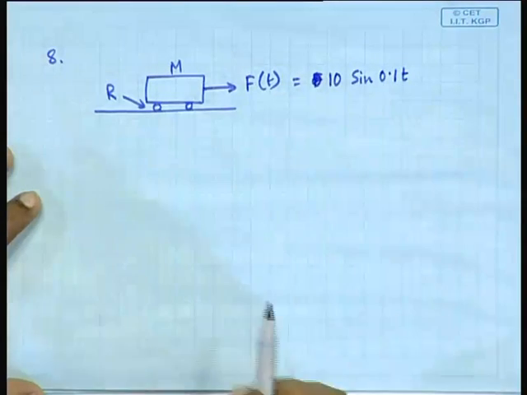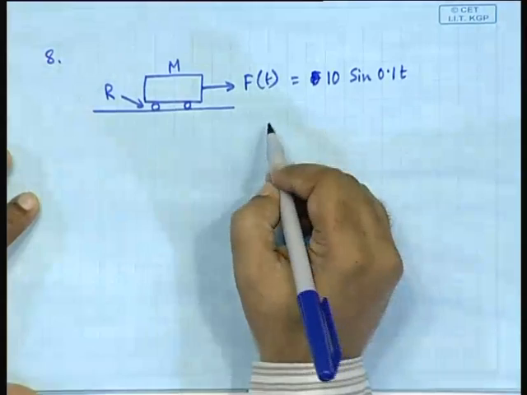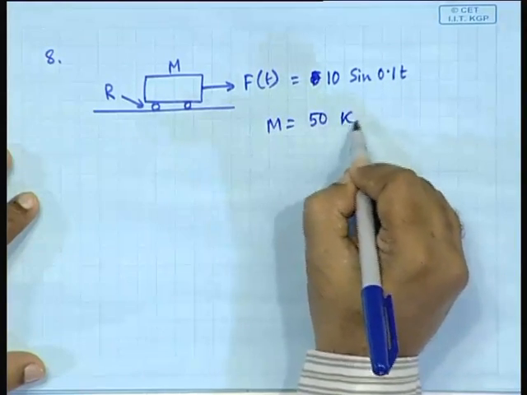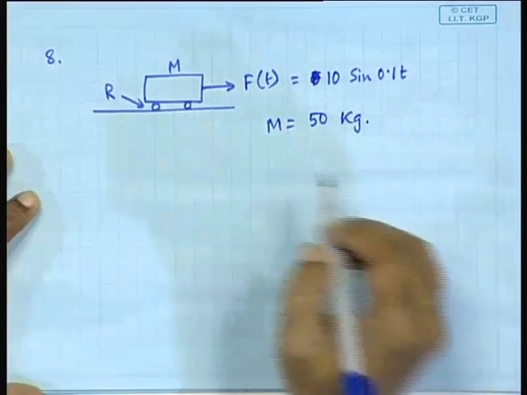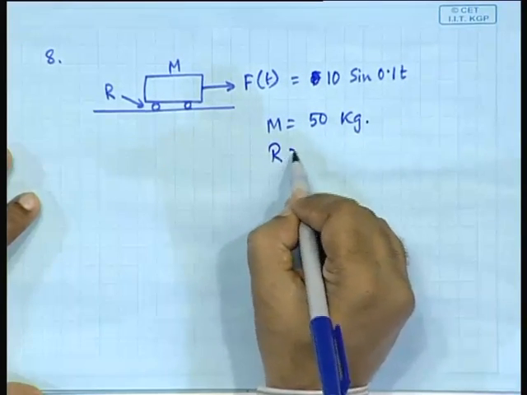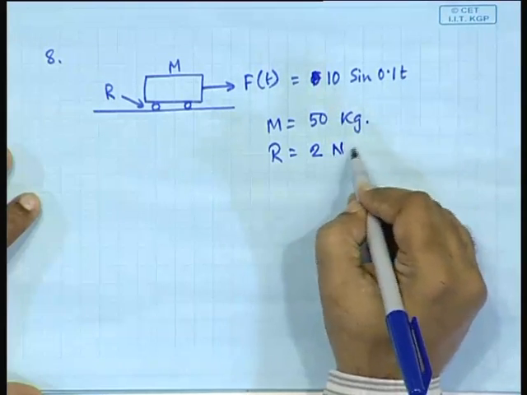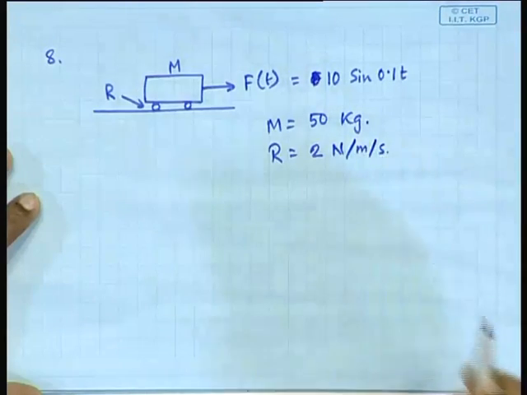That is how it is being pulled. M is equal to 50 kg and R is equal to 2 newtons per meter per second.